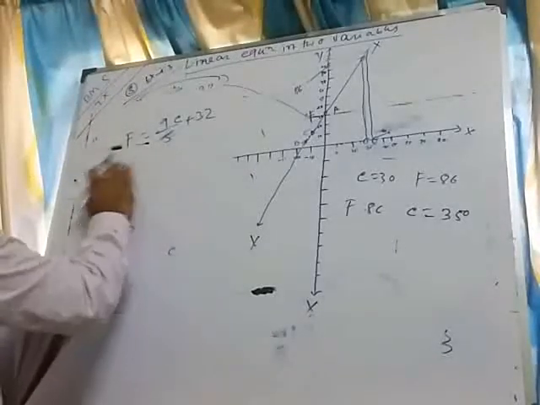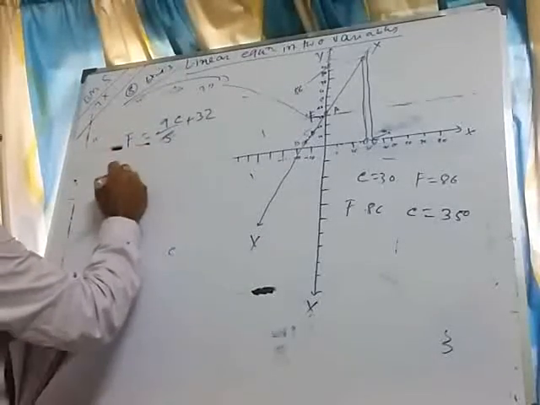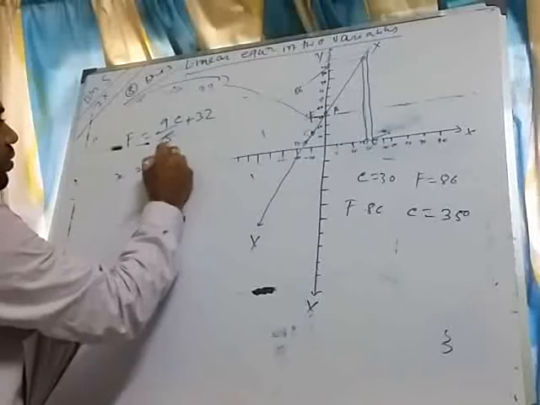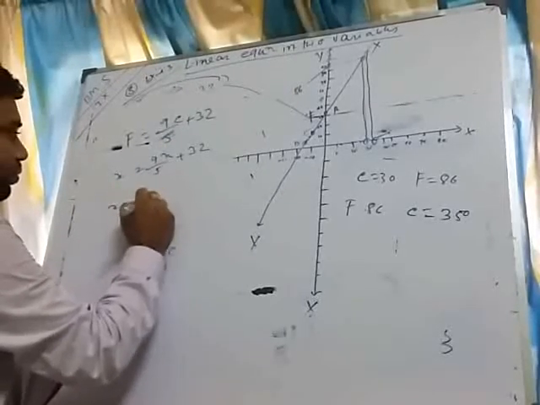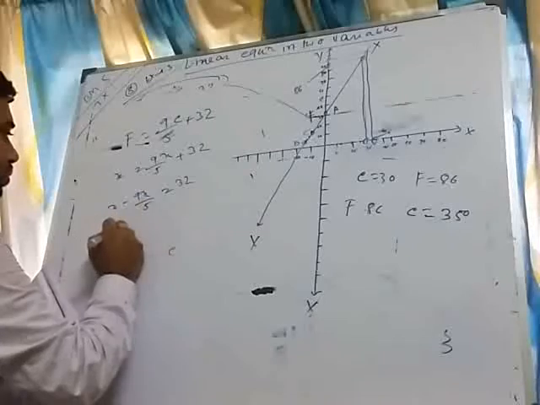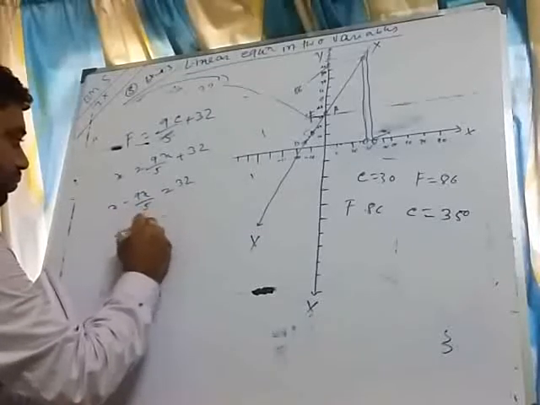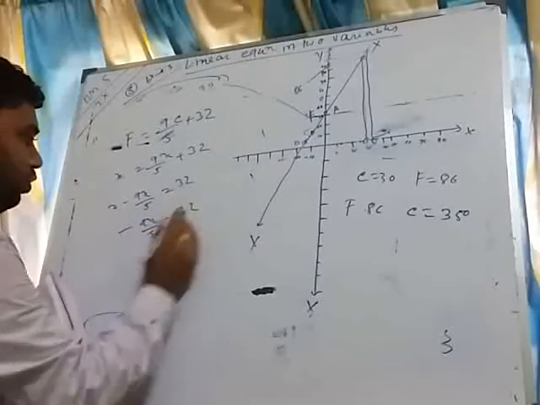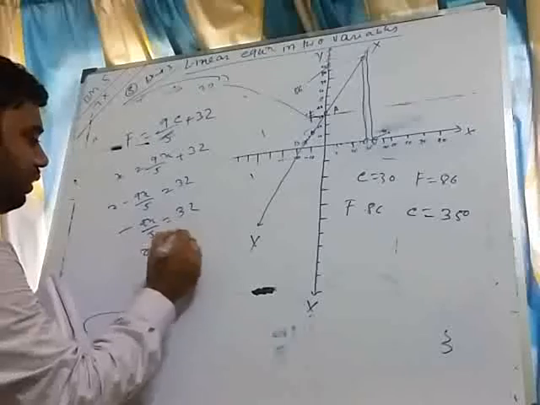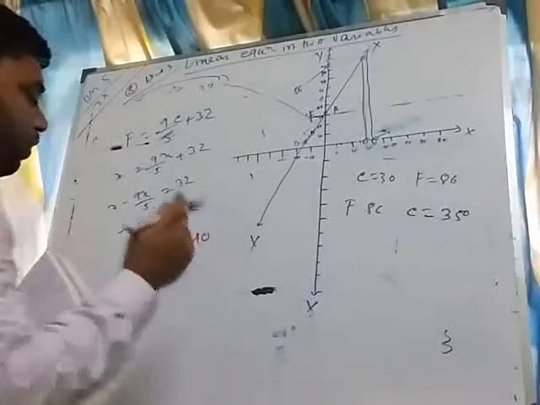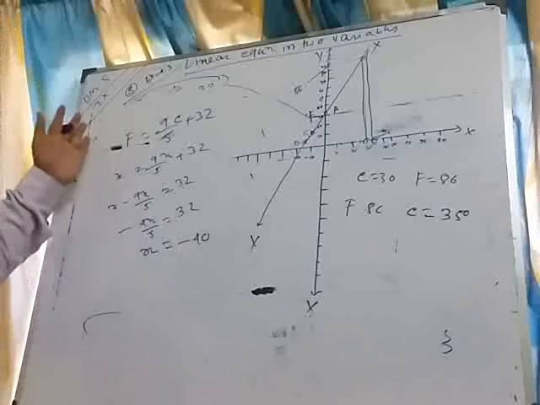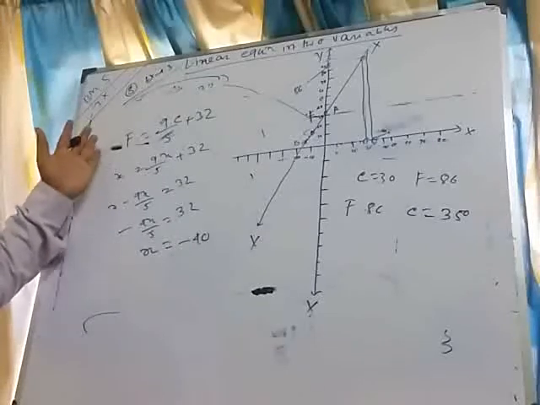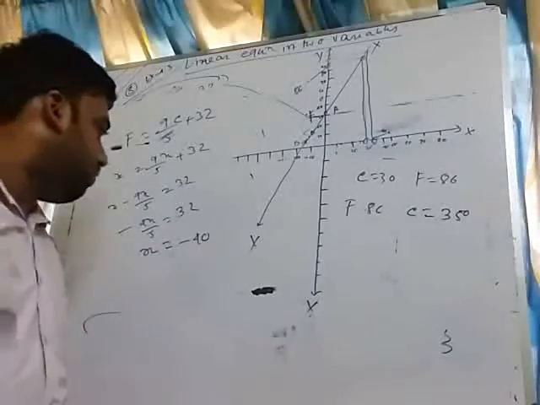So I am putting both the values of F and C as X. So X will be minus 40. So minus 40 degrees is the same in both scales, that is the Fahrenheit scale and the Celsius scale.